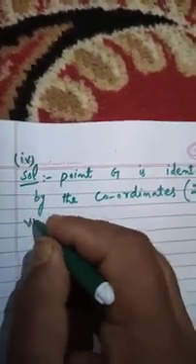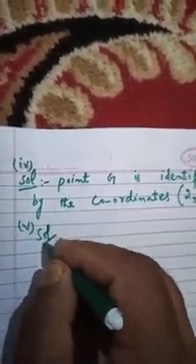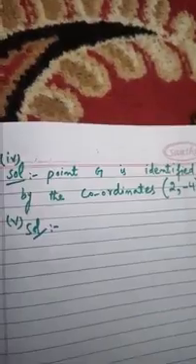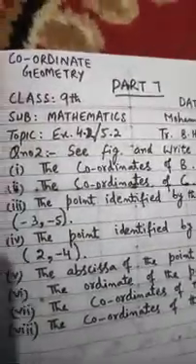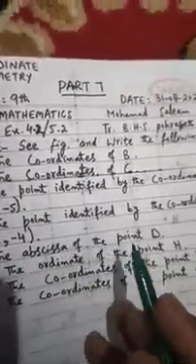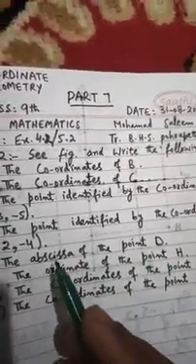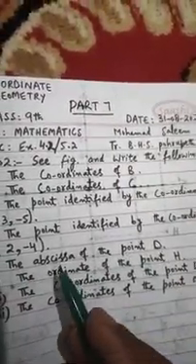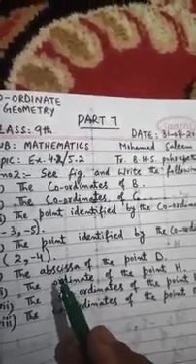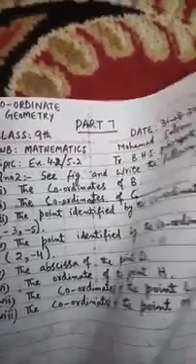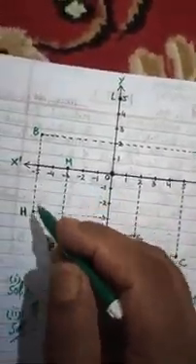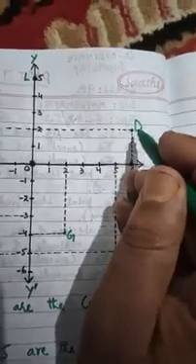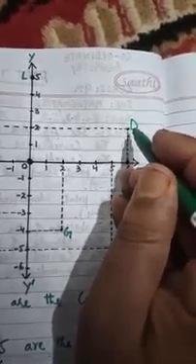Now we have the fifth part. Let's read out the fifth part. The abscissa of the point D. That is the first value. Second value is known as ordinate, and first value is known as abscissa. We have to find the abscissa of point D, that is the first value, which is to be found on x-axis. Where is point D? Yes, here it is, point D. It has two values.